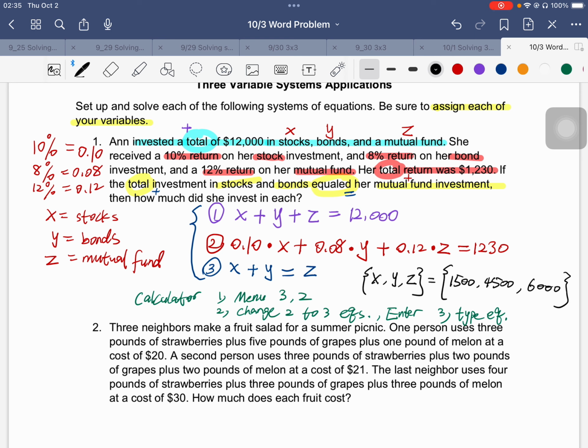So the last thing I want you guys to write is in words. Tell me how much did she invest in each.